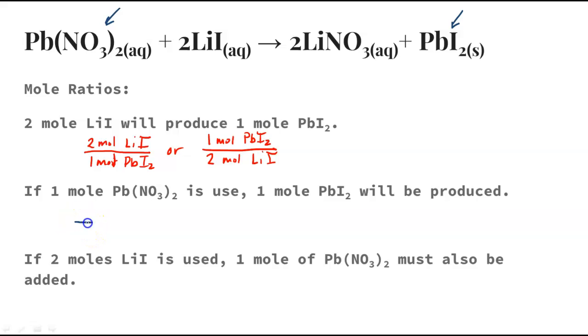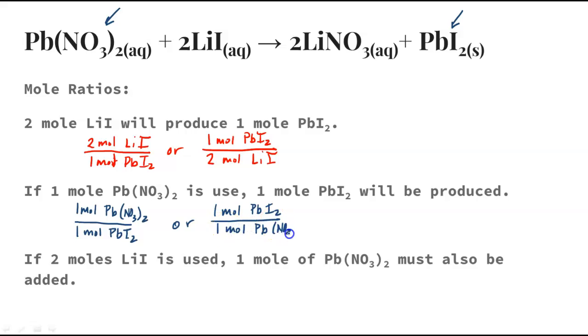So this is a 1-to-1 ratio. 1 mole PbNO3 for every, if we use 1 mole of PbNO3, 1 mole of PbI2 is produced. Or I can flip it. Either one is fine. Okay, and let's do the last one.